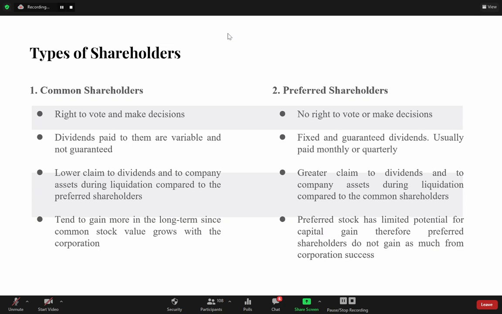But besides the risk, there's also the advantage of gaining more from the corporation when it succeeds.